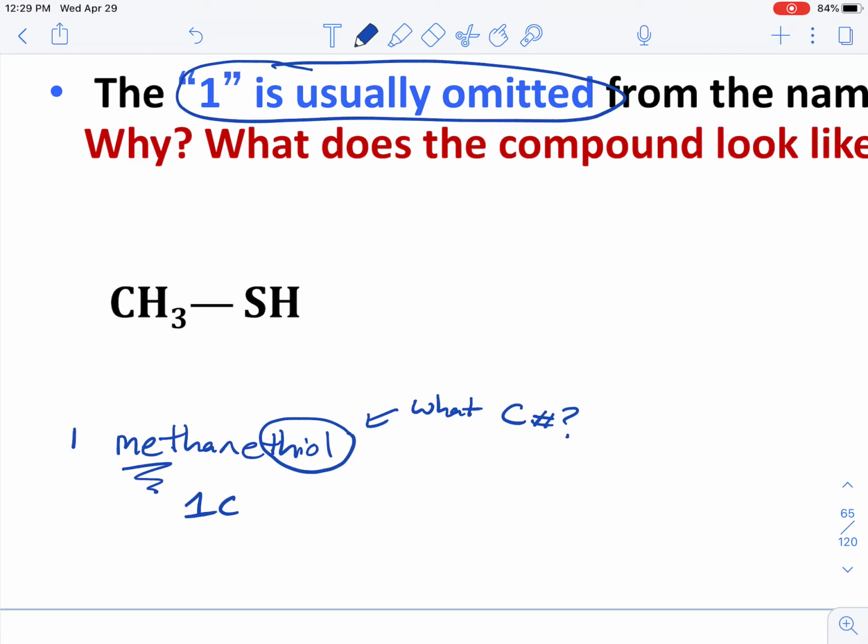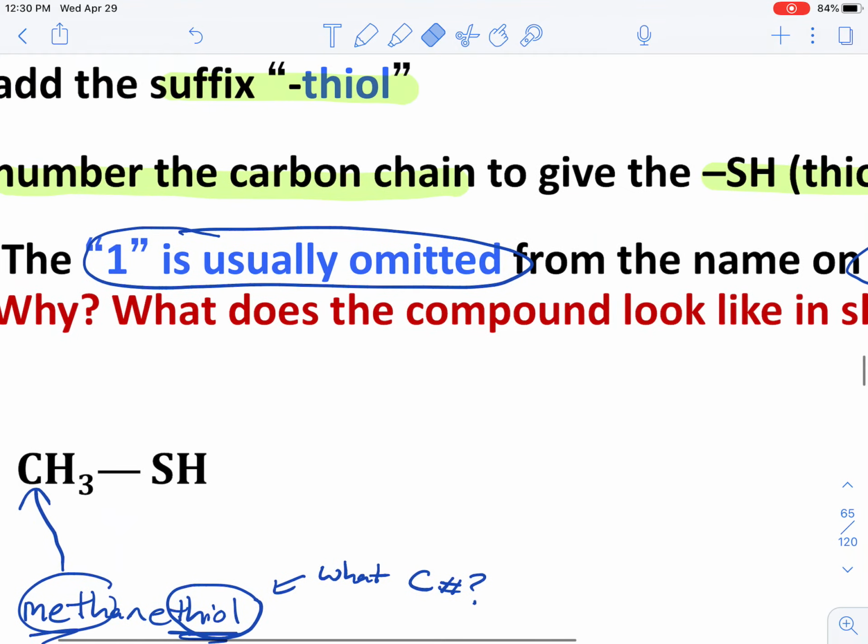If you were to say 1-methane thiol, it wouldn't exactly be wrong. You're still communicating that this thiol right here is on carbon number 1. However, since methane only has one carbon, it's just being redundant. And so that's an example of why the carbon number 1 is omitted on methane.